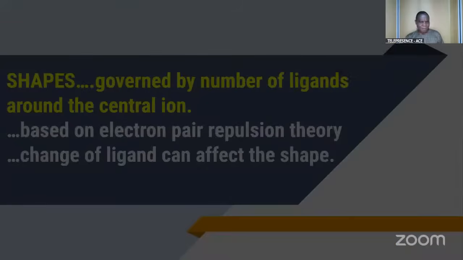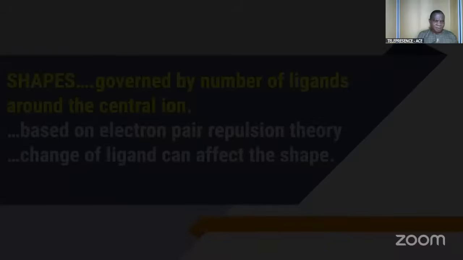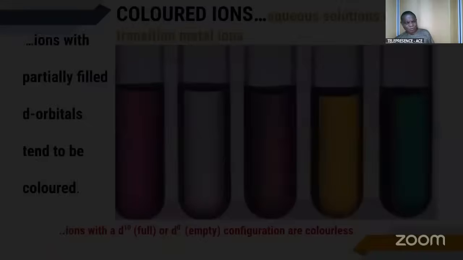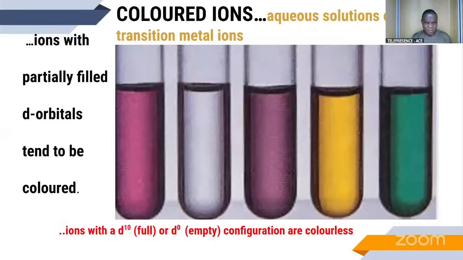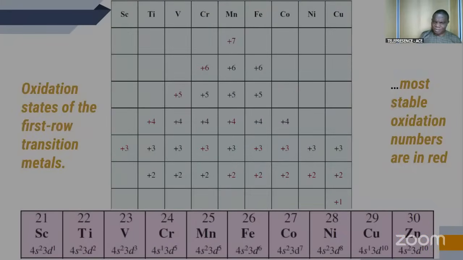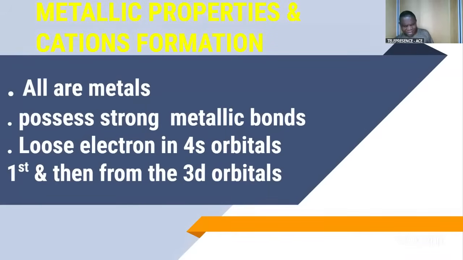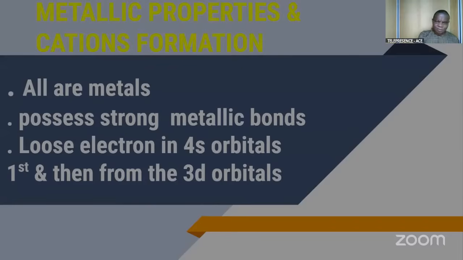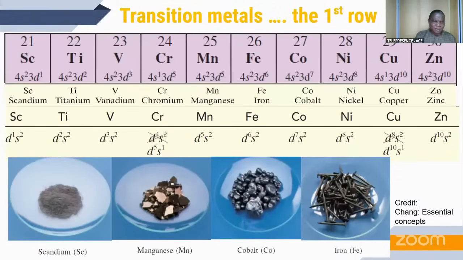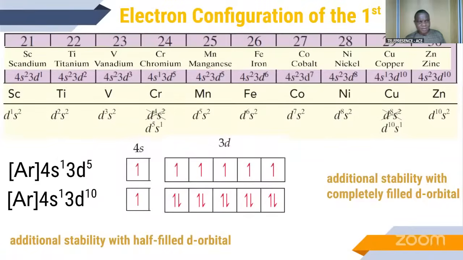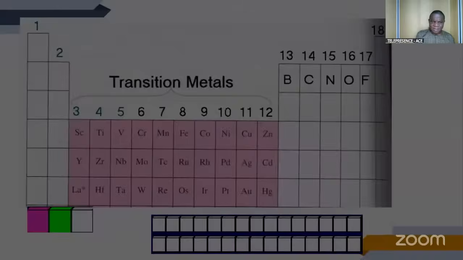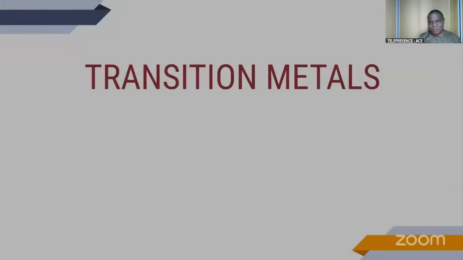So the periodic table is divided into 4: the s orbitals, the p orbitals, the d orbitals, and the f orbitals. All elements with 1 or 2 electrons in the s orbitals are referred to as s block elements, particularly groups 1 and 2.